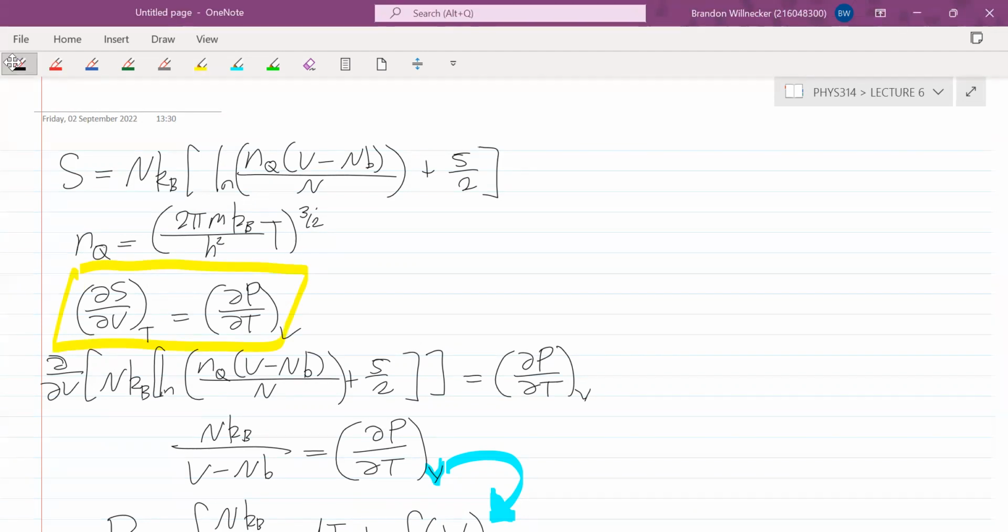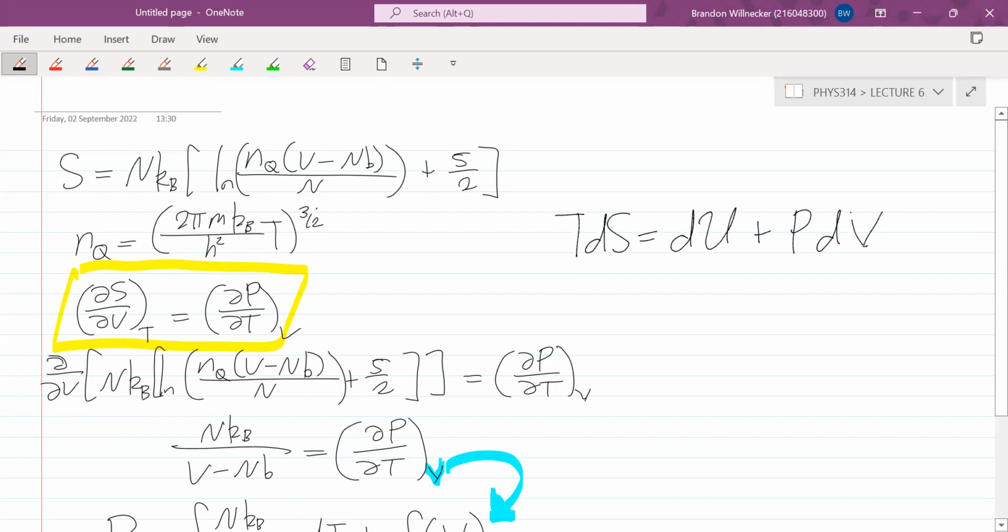Or if you forget the Maxwell relation, you could just say, well, I know TdS is equal to dU plus pdV. Okay, I know that. So dS is equal to 1 over T dU plus p over T dV.